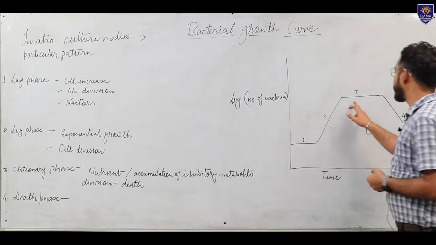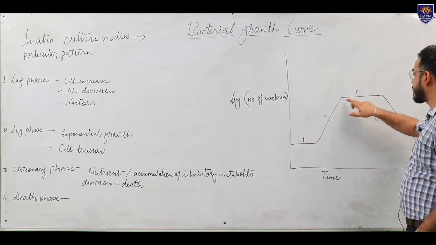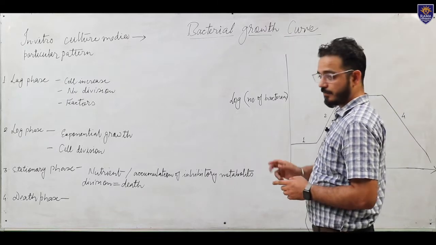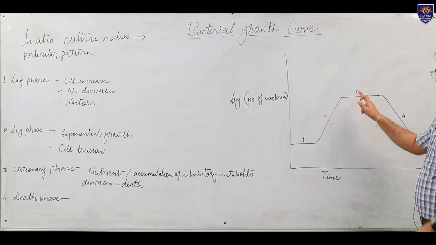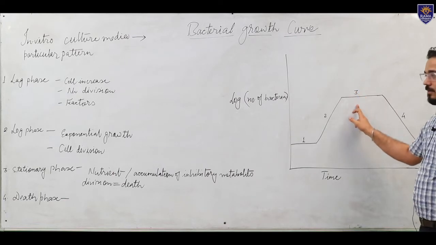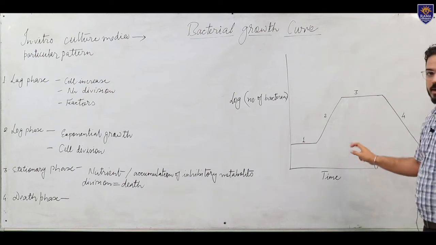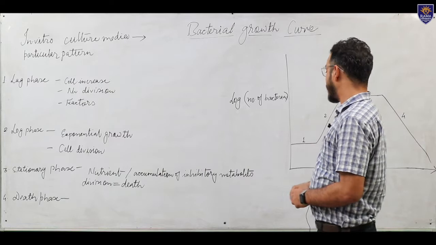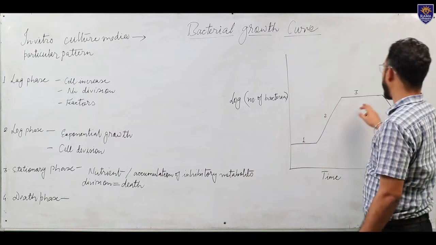Now, the third phase is called the stationary phase. Look here, it is a straight line. The stationary phase is marked by many features. First of all, the nutrients available in the culture medium are now depleting, and there is accumulation of inhibitory metabolites.